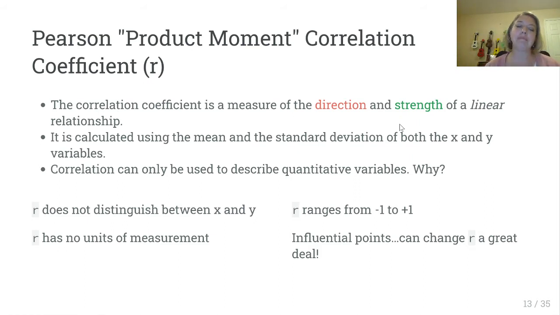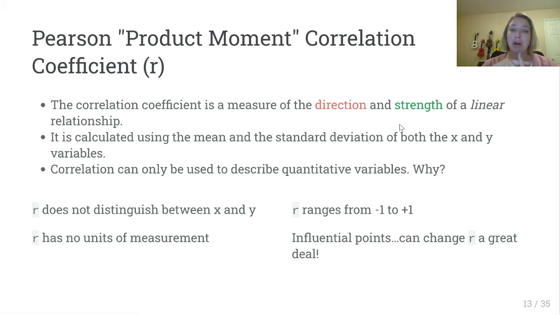We'll see it in the formula. It's also unitless. This makes it so it doesn't matter if we've measured in feet and inches, or if we measured in degrees centigrade or Fahrenheit. Units are units. It doesn't matter. The range is between 0 and 1 in the positive or negative direction.